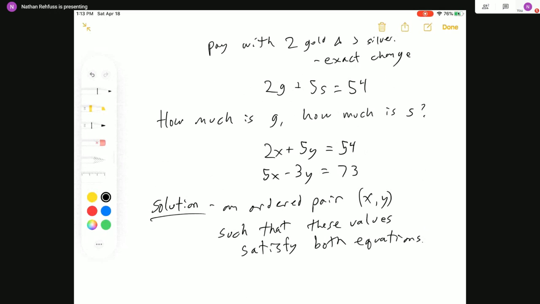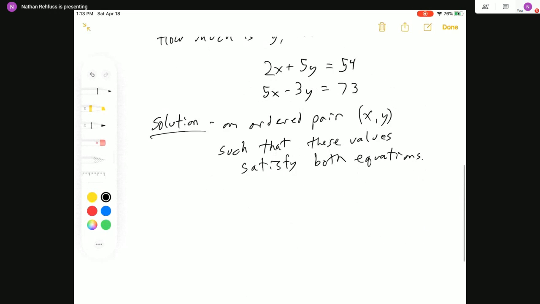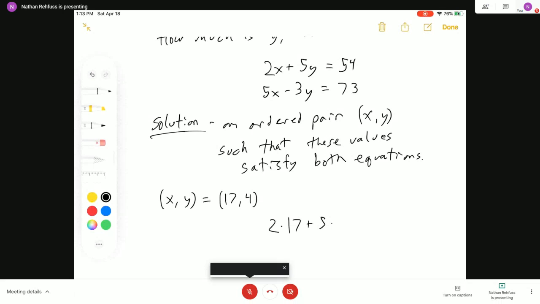Now I'll tell you how to get the solution in a moment, but right now I want to show you what it means to be a solution. It turns out that the correct value is that a gold coin is worth 17 fantasy dollars and a silver coin is worth 4 fantasy dollars. And the reason that works is because 2 times 17 plus 5 times 4 is 34 plus 20. And so that equals exactly 54.